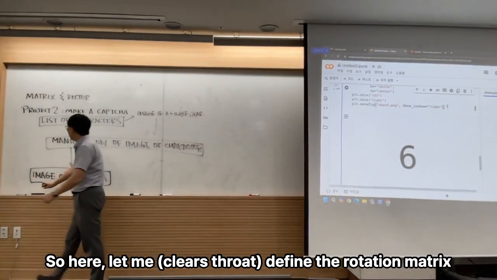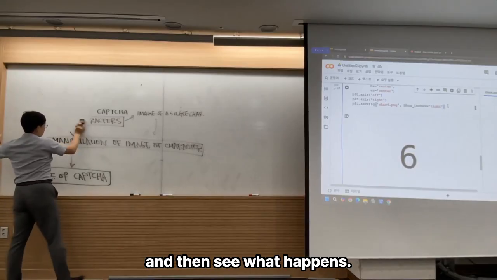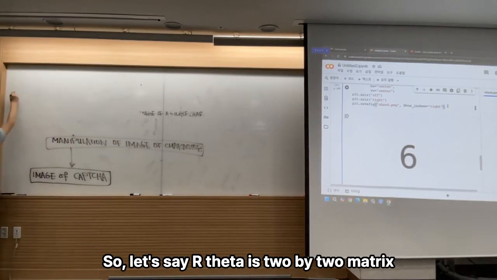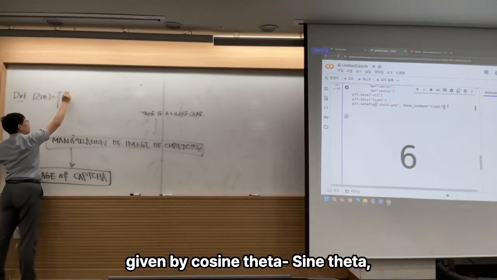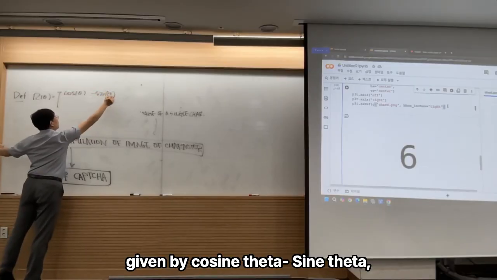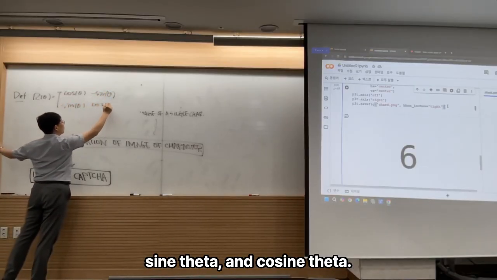So here, let me define the rotation matrix and then see what happens. Let's say R theta is a 2 by 2 matrix given by cosine theta, sine theta, sine theta, and cosine theta.